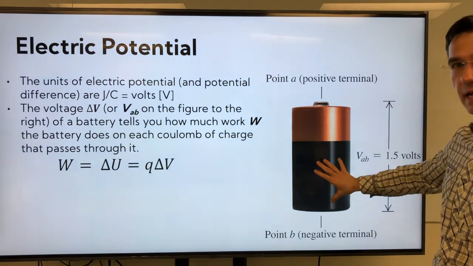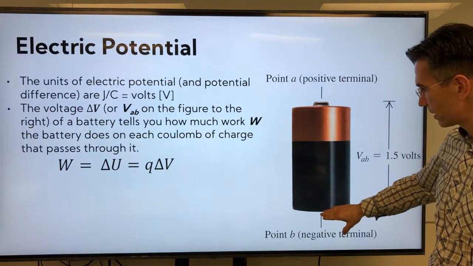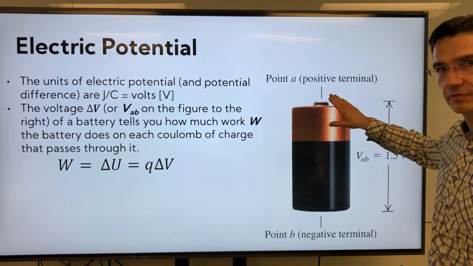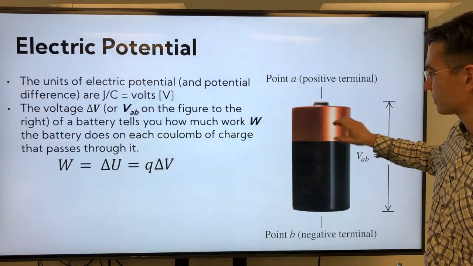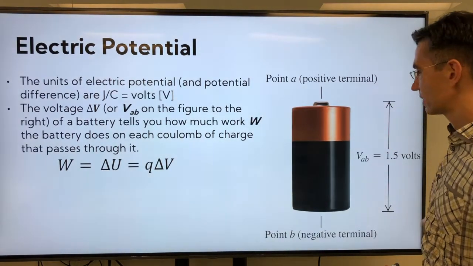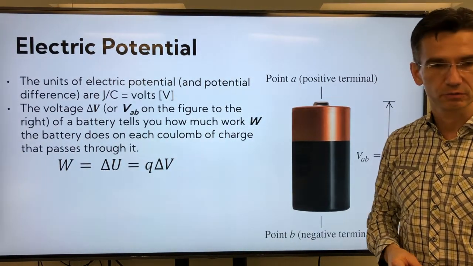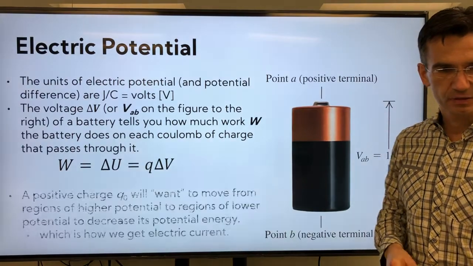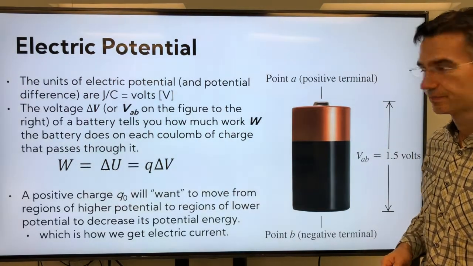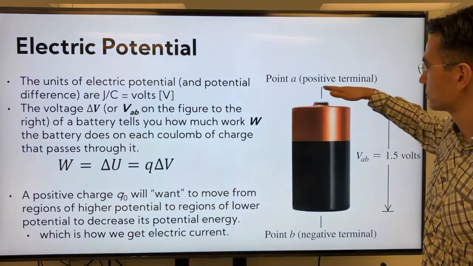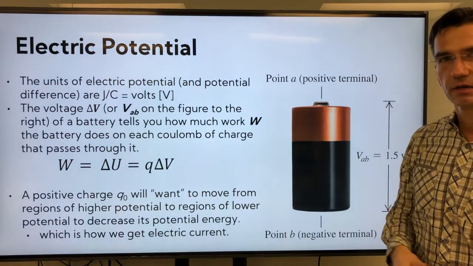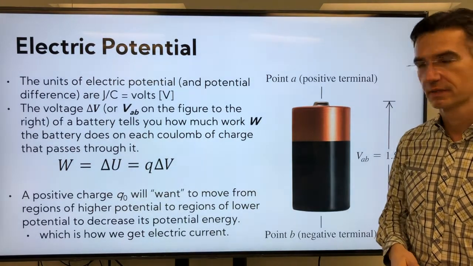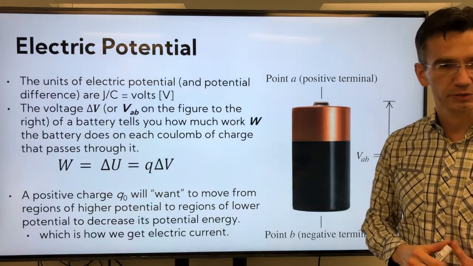So the battery has to do work to move charge from the negative to the positive terminal, so that then whatever electric circuit the battery is connected to can use that energy to run. So a positive charge in the circuit will want to move from an area of high potential to an area of low potential to decrease its potential energy. And this is how we get an electric current.